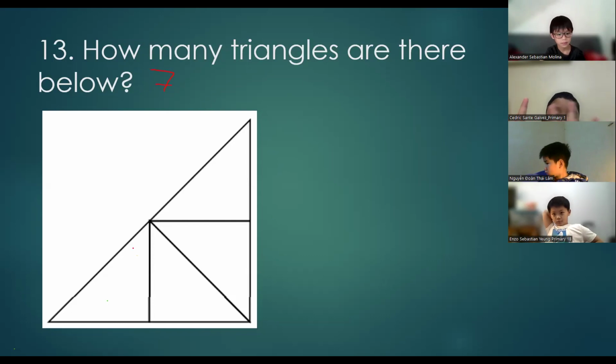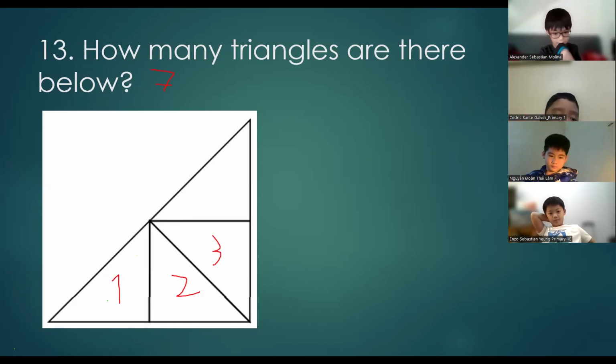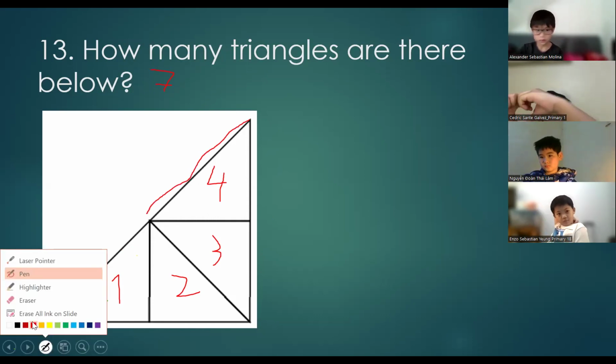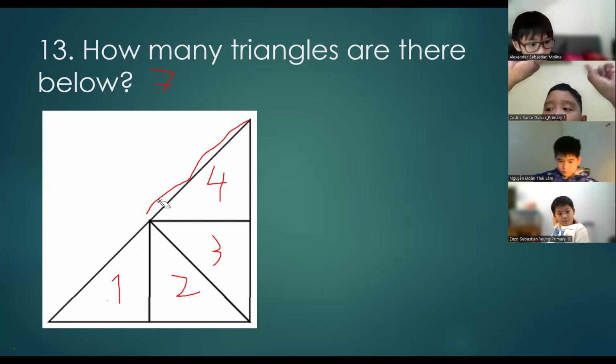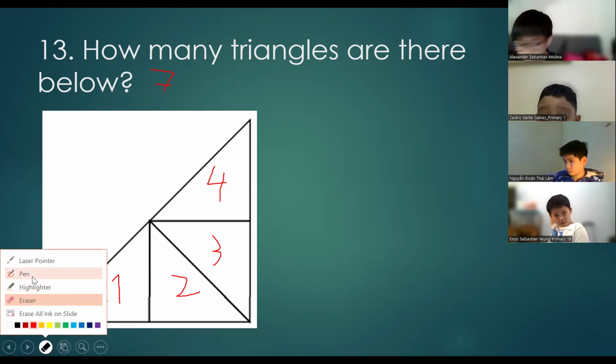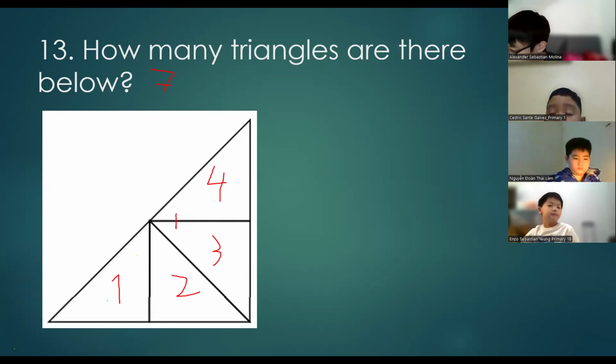Let's check. Let's count. You have 1, 2, 3, 4. And then you have the bigger triangles here, this one. So you have the big triangle. If you join this triangle together, you have 5.